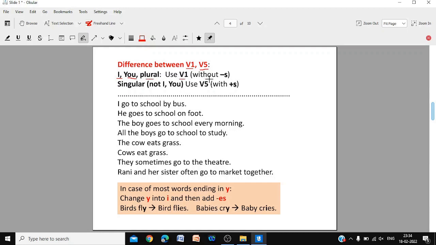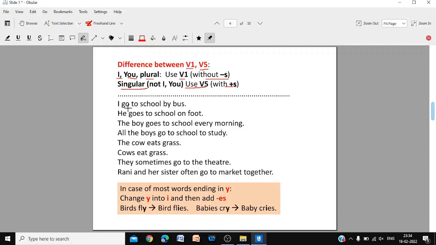V1 means without S. I go, you come, they read, the children play, the boys run. If it is singular other than I and you, we use V5 with S. The boy comes, he comes, she reads, the child sleeps.